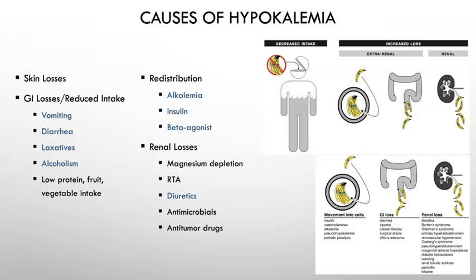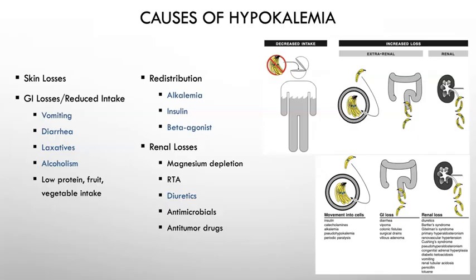This tends to be a more minor and temporary cause of hypokalemia. Hypokalemia from GI loss is most commonly seen with massive diarrhea. And then kidney potassium loss is the most common reason for hypokalemia.